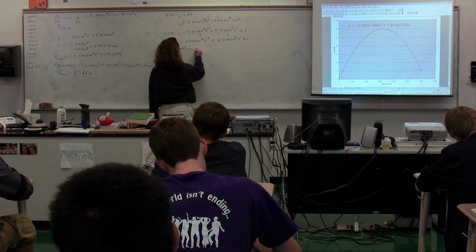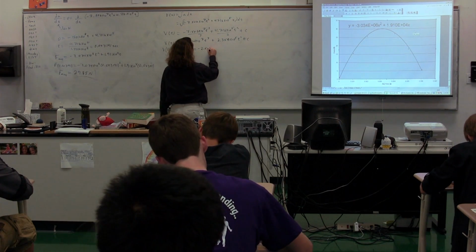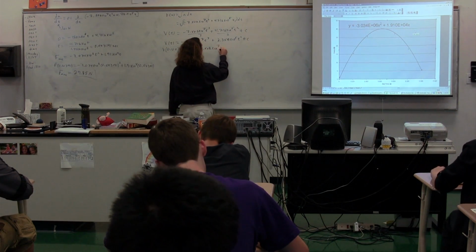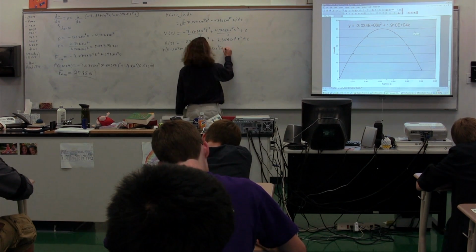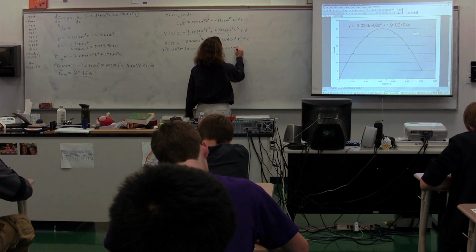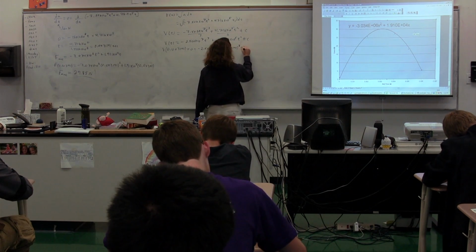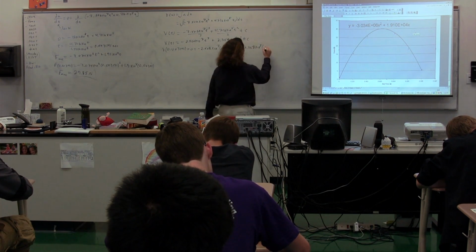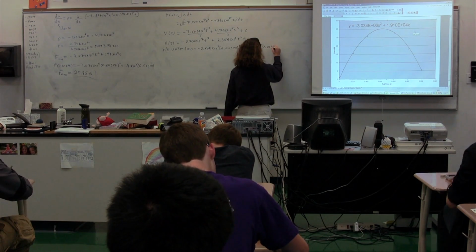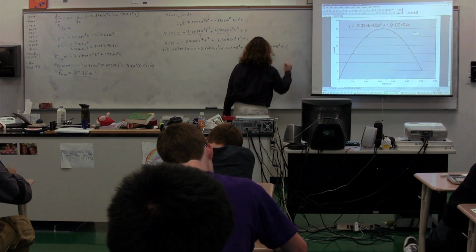So we know negative 2.502 times 10 to the 7th t cubed, or actually let's plug in our numbers here, of 0.003141 cubed plus 2.358 times 10 to the 5th times 0.003141 squared plus c.